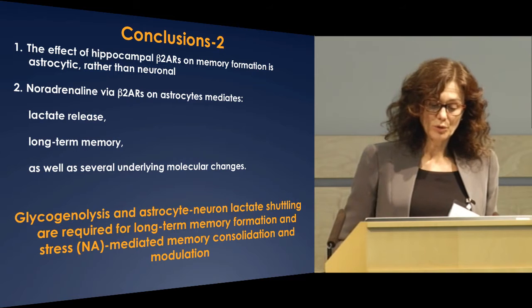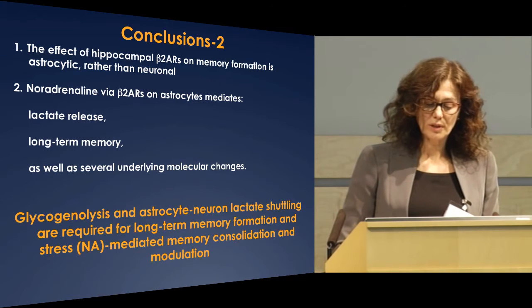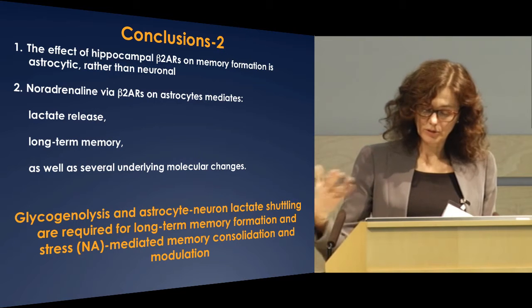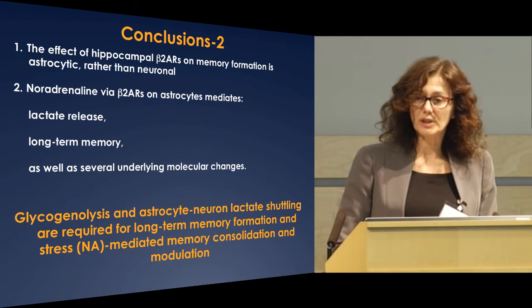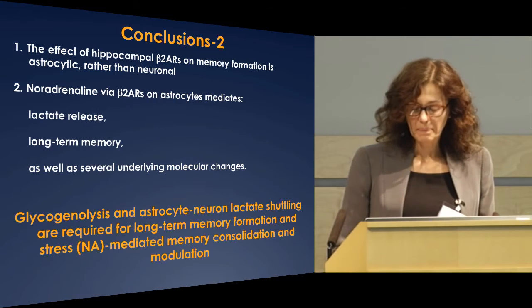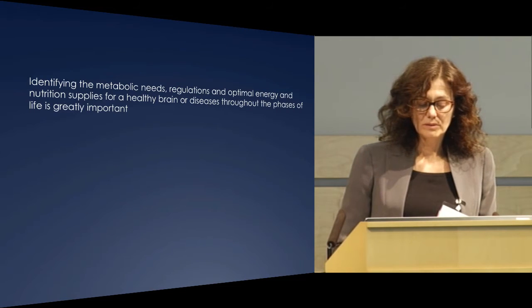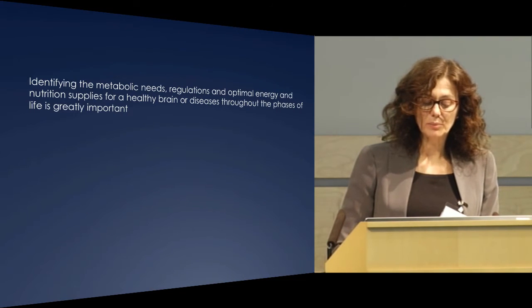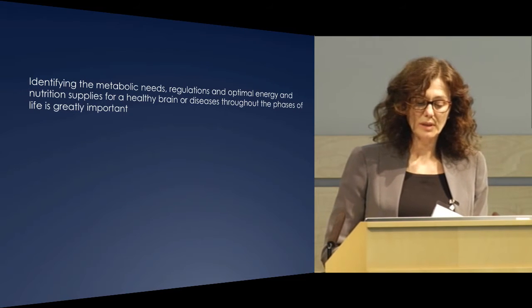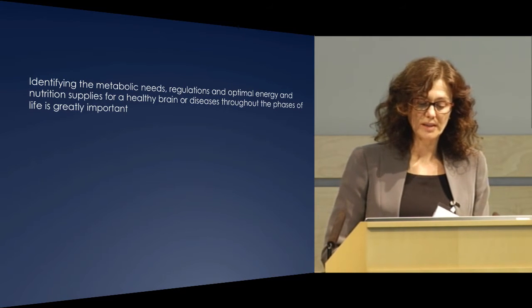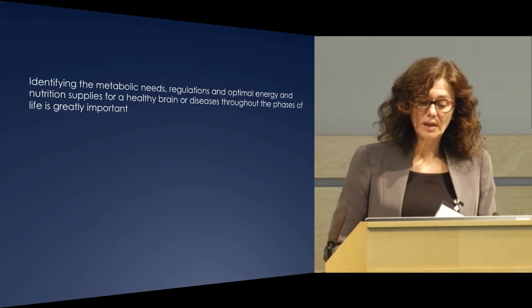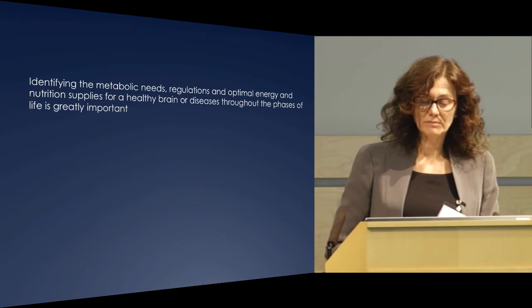So in conclusion, glycogenolysis and astrocyte-neuronal lactate shuttling are required for long-term memory formation, and stress, noradrenaline-mediated memory consolidation and modulation. And in summary, identifying the metabolic needs, regulation, and optimal energy and nutrition supplies for a healthy brain or disease throughout the phases of life is greatly important.